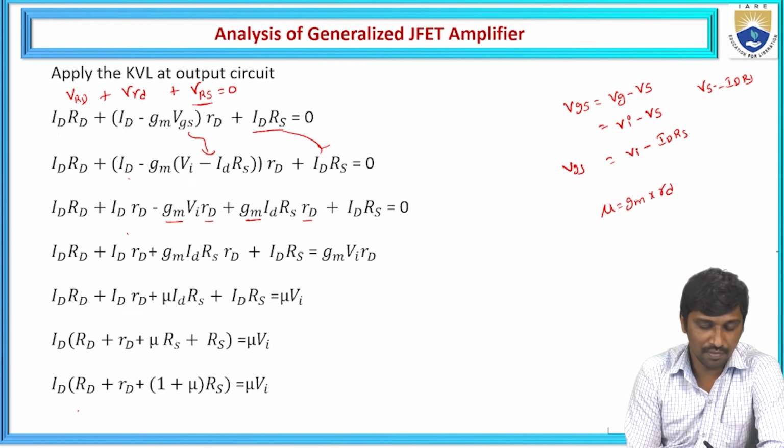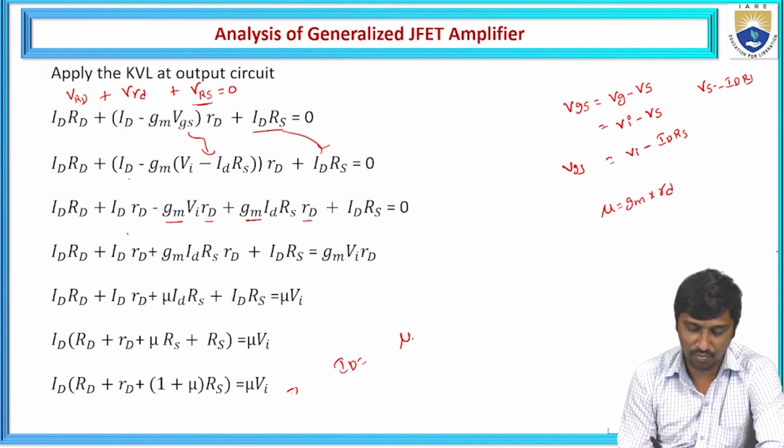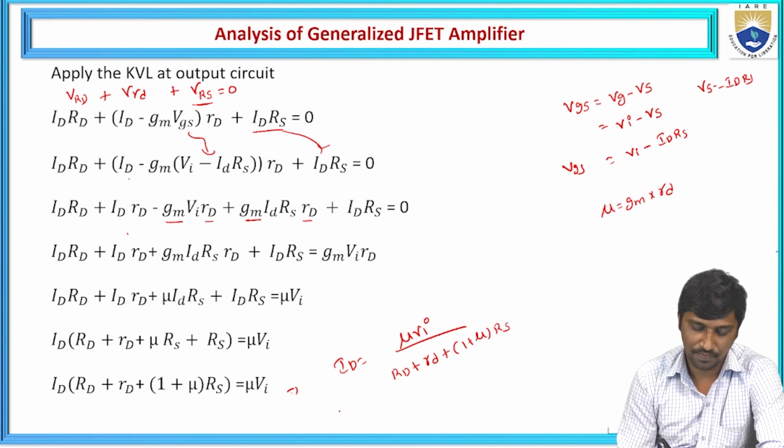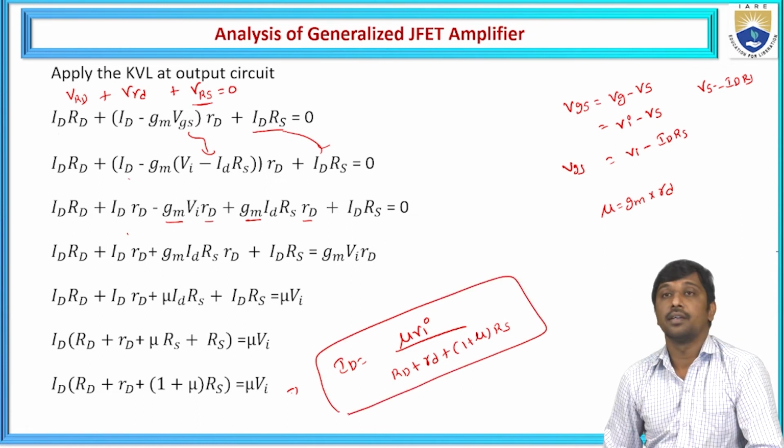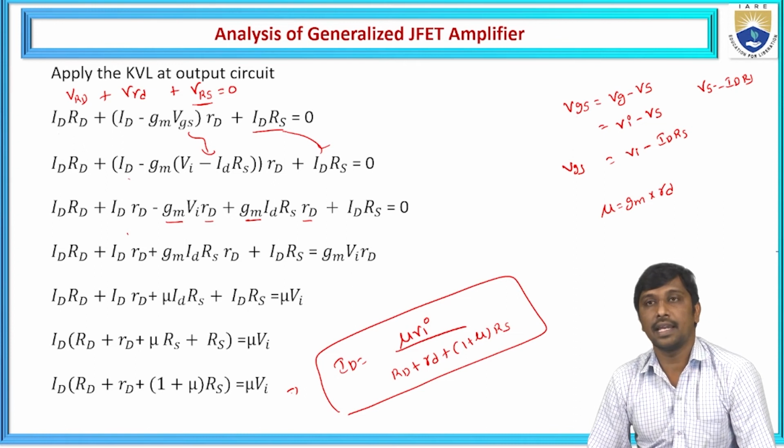So just expand the terms and simplify. From that you should identify how much drain current is allowed. From the simplification, Id is equal to mu times Vi by capital RD plus small rd plus 1 plus mu times Rs. This we derived from the small signal model of the generalized JFET.